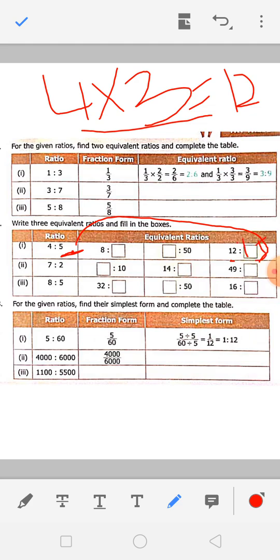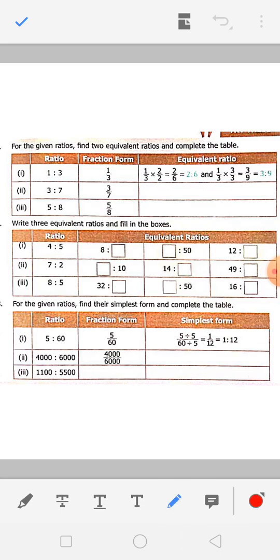Same method. Look at 7 is to 2, 7 ratio 2. The second value is 10. How did 2 change to 10? 2 5s are 10. So the first value is multiplied by 5: 7 5s are 35. So your answer is 35.